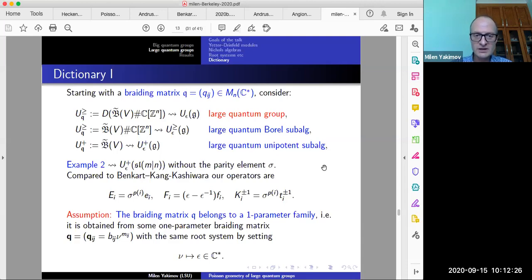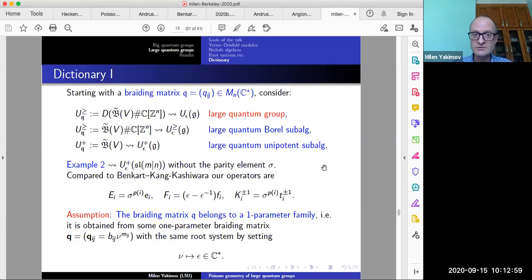The assumption is that our square matrix Q is obtained from this matrix boldface Q with the extra parameter nu by setting that extra parameter nu equal to epsilon. The meaning of this construction is that we don't look at certain algebras in the classification of Heckenberger. Those are algebras of small dimension. But at the same time, this is the basic assumption that will allow us to use specialization.